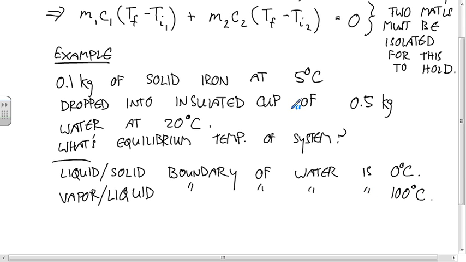So the water is already between these two. The water is a liquid because it's between these two temperatures, and you're putting something in that's also between those two temperatures. The only way for energy to be exchanged through heat is if there's a difference in temperatures. And so those are going to find a final temperature somewhere between those two. All the temperatures between these two keep the water at liquid, so there's not going to be a phase change. And the boundaries of iron are much, much higher.